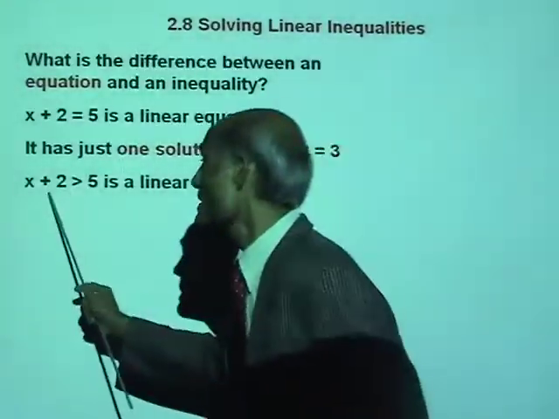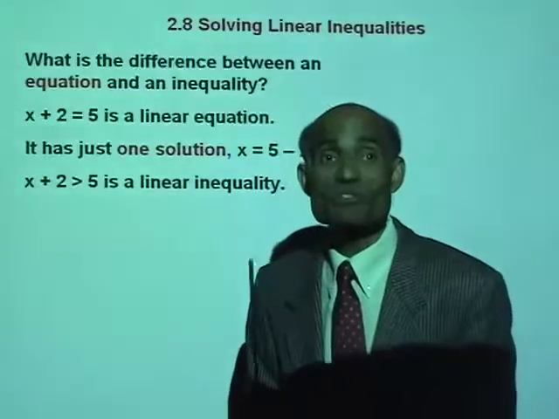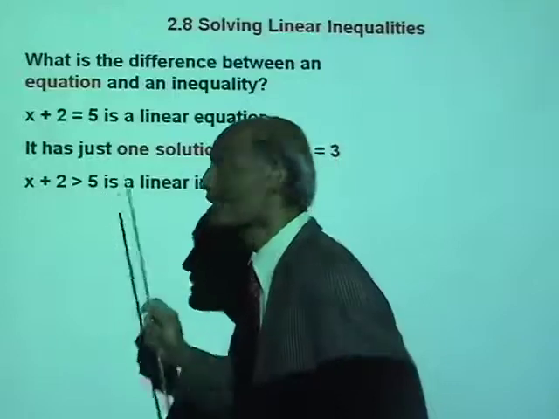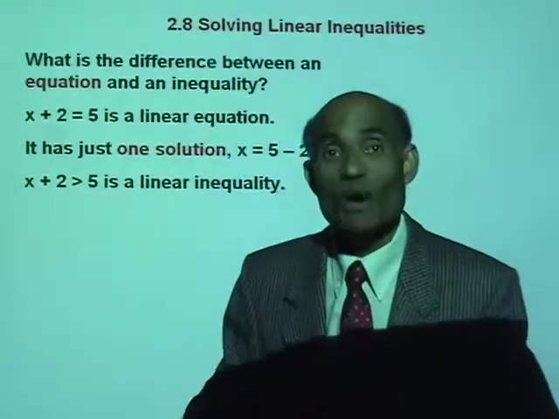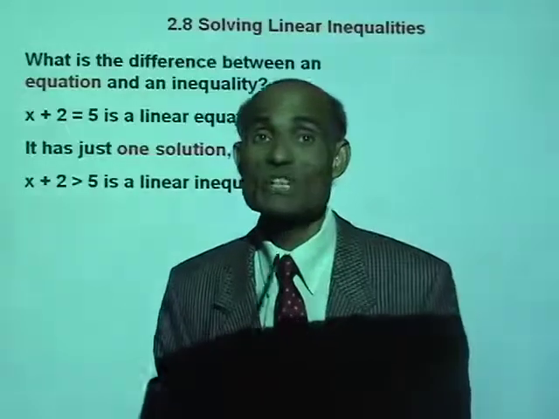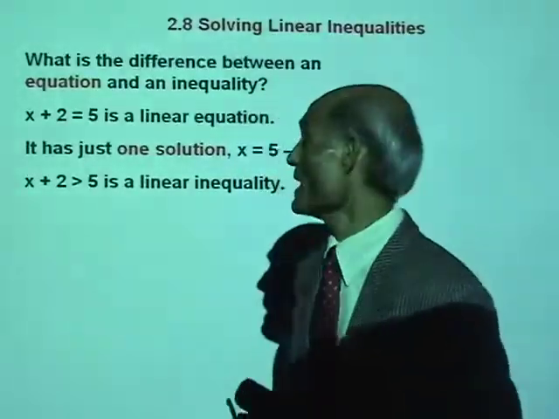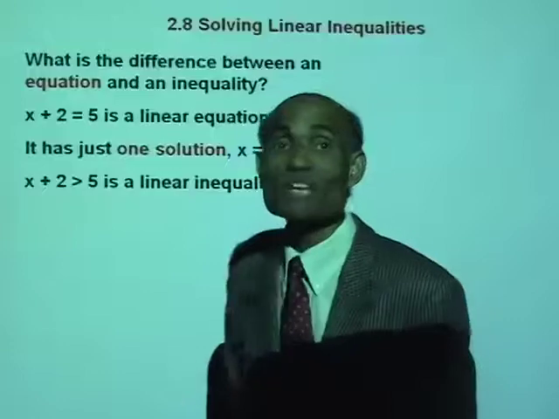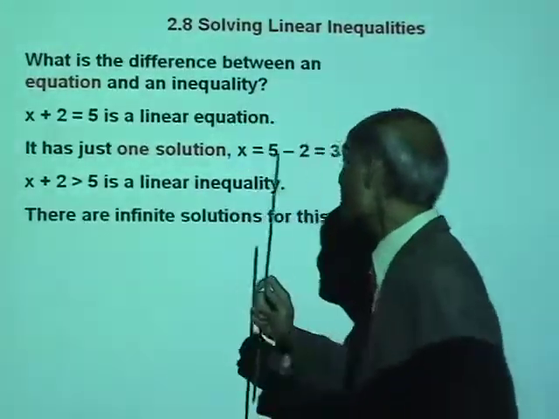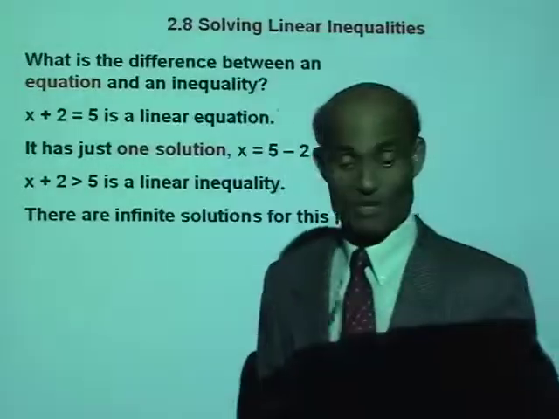But look at this statement, x plus 2 is greater than 5. Now, this is an inequality statement. It is not an equation. It is an inequality statement. x plus 2 is greater than 5. Now, there are infinite solutions for these inequalities.